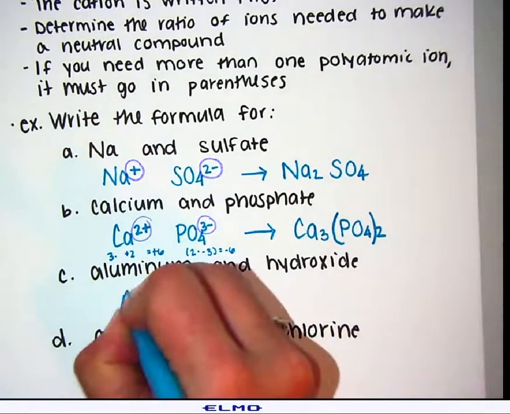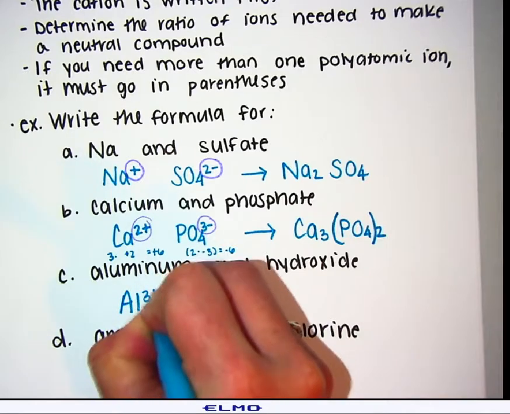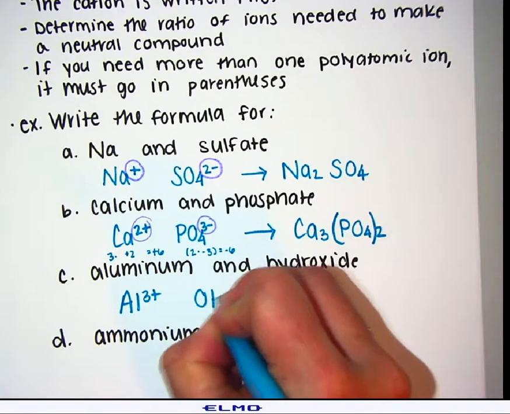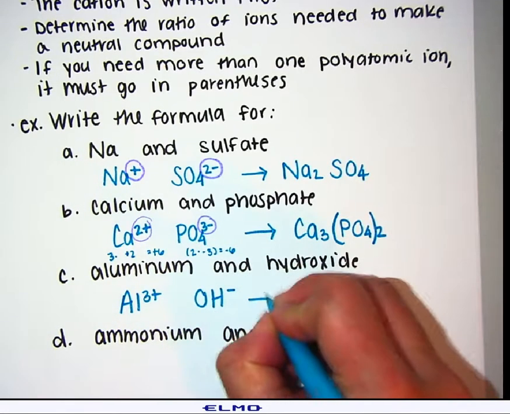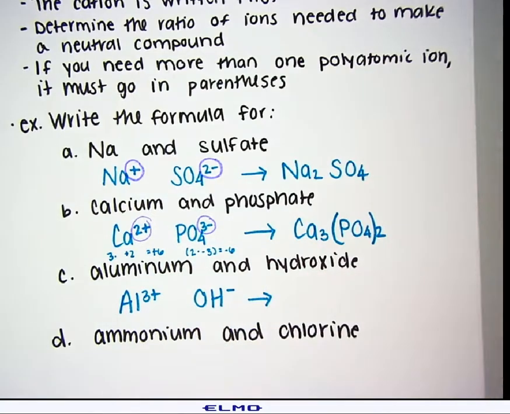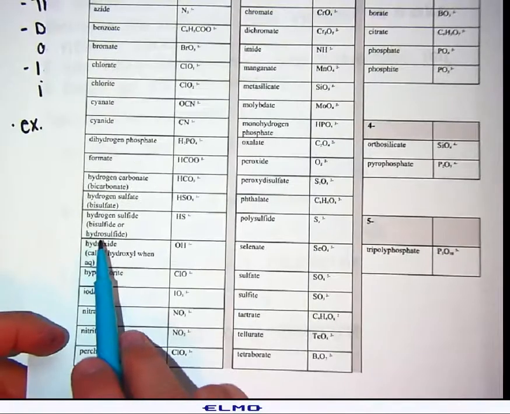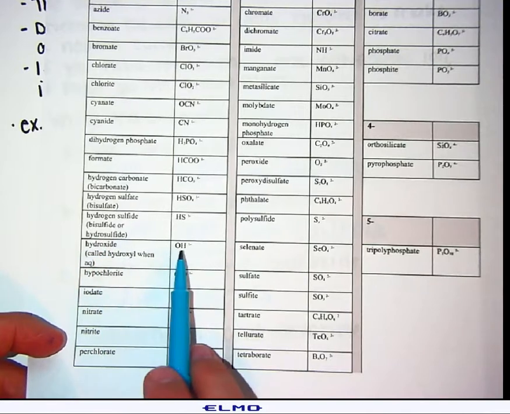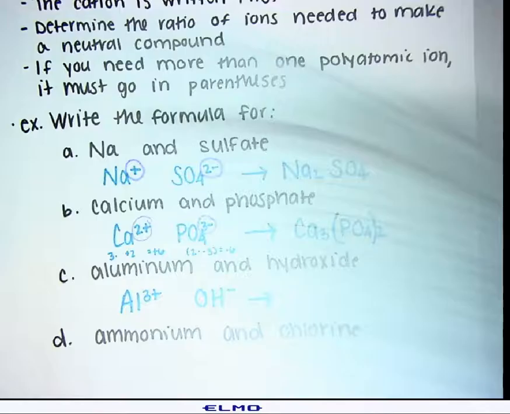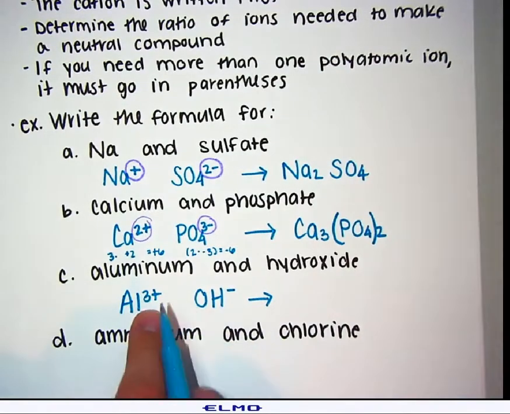Next one, aluminum has a charge of 3+. Hydroxide is -1. I can look up hydroxide again on my polyatomic ion reference sheet. Hydroxide is OH 1-. I need to cancel out a +3.